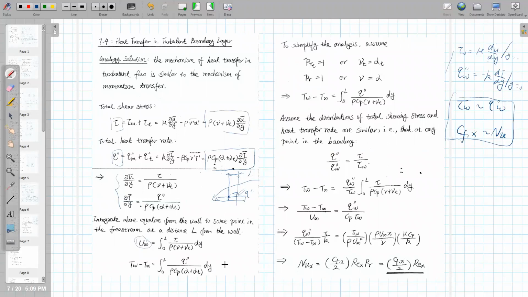This is just a simple integration. And so the first analogy is called, let's see, what do they call it? The Reynolds analogy or Prandtl analogy?